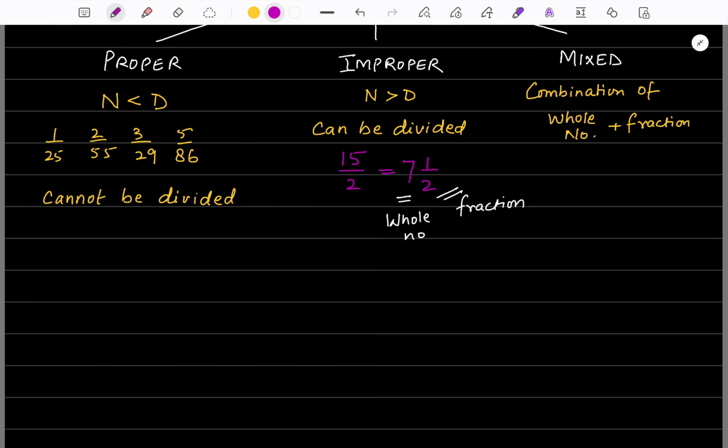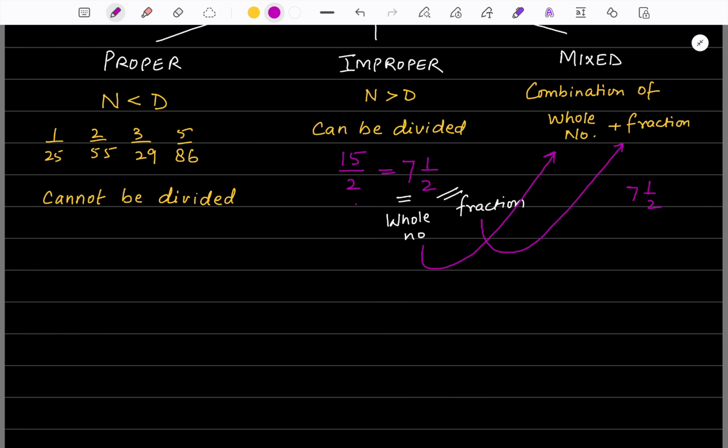So here we can say that 15 by 2 when divided gives us 7 1 by 2. 7 is a whole number which is same as mentioned in the mixed fraction, and this fraction is the same as mentioned here. So we see that actually when we divide the improper fraction, what we are getting is a mixed fraction. 7 1 by 2 is a mixed fraction here with a whole number and a fraction part.